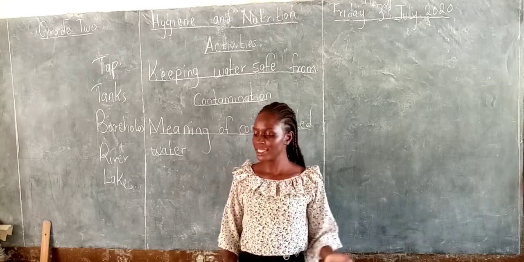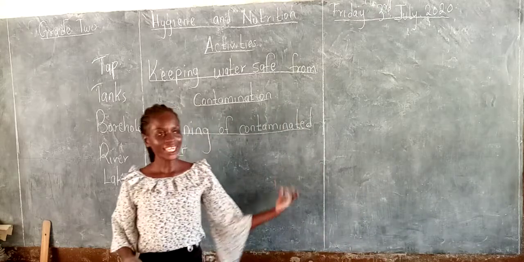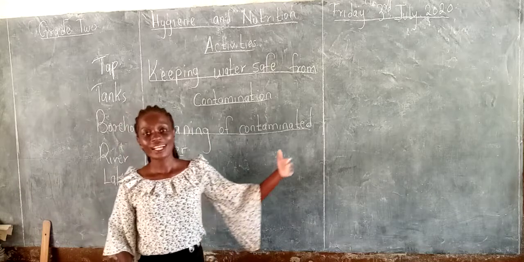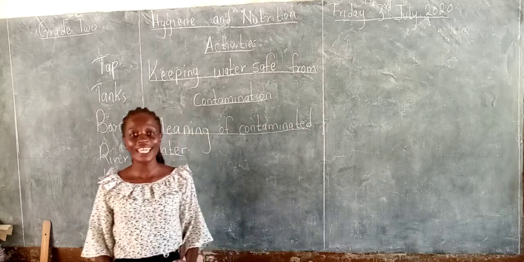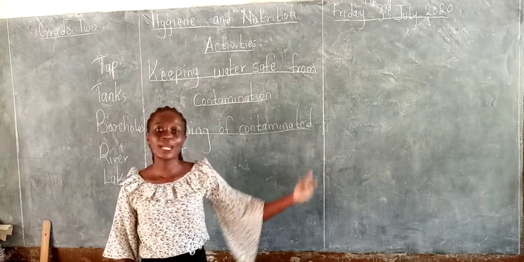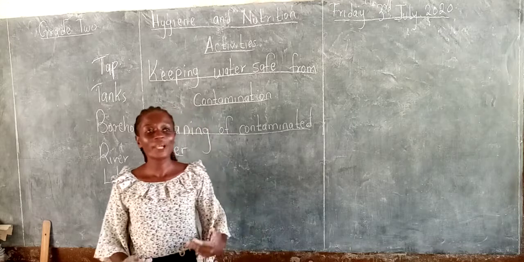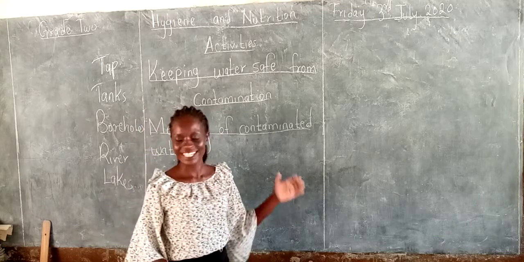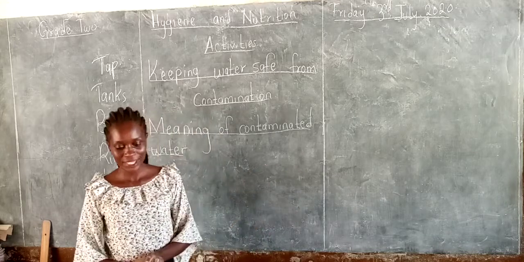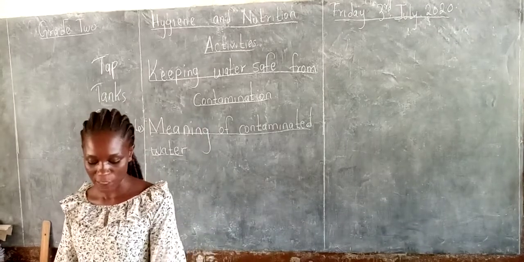If the water is dirty, you'll see some particles in it, and it is not clear. If the water is clean, we said water is colorless. You can go to your tap and check the color of your water. Clean water is not colored. It is always colorless. So in our lesson today, I want us to start by doing an experiment.